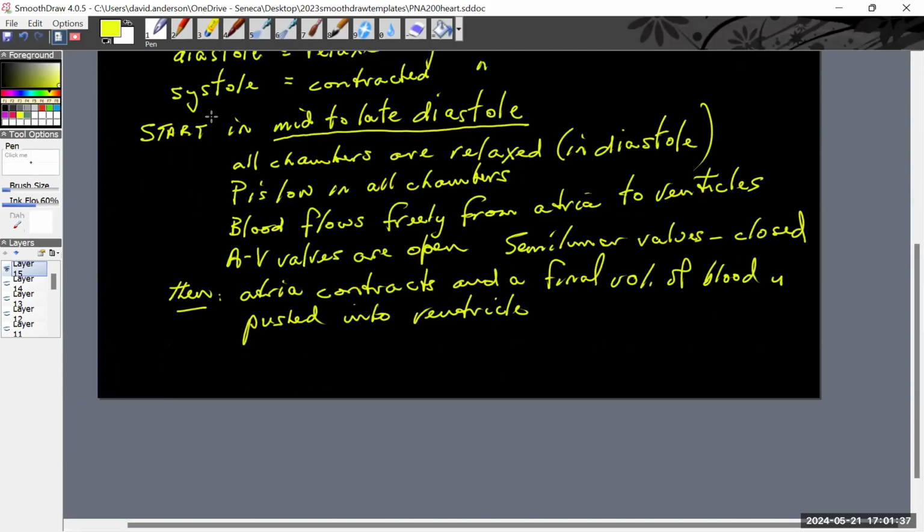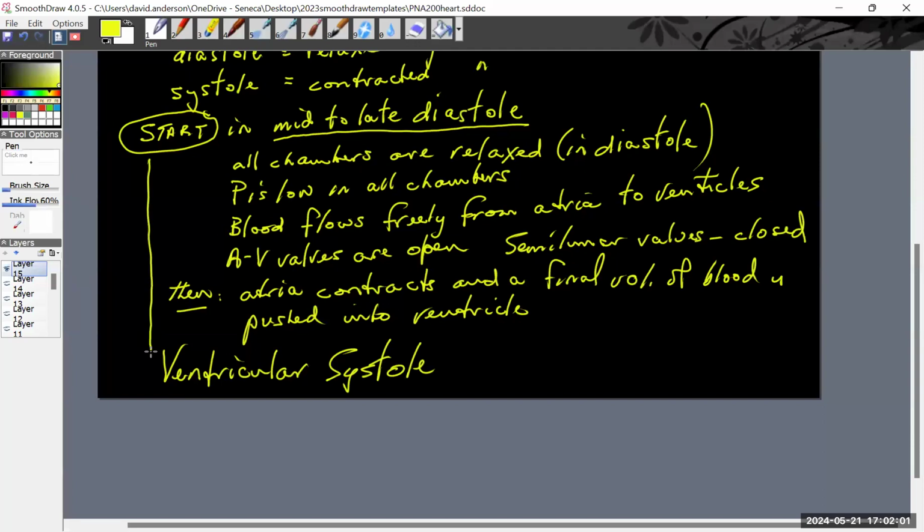Okay, so that means we're going to move to the next phase, which is systolic for the ventricle. So our next phase will be ventricular. Okay, so we're going in a progression.